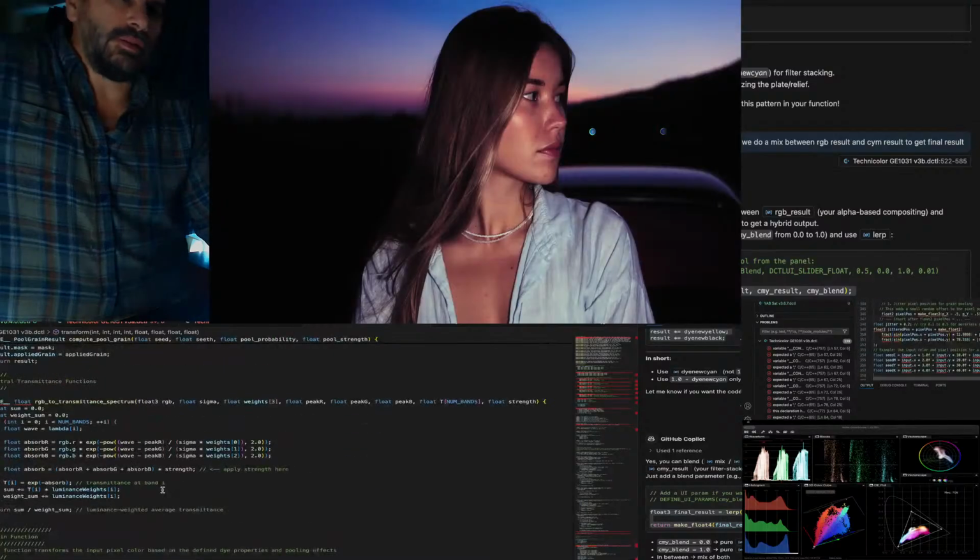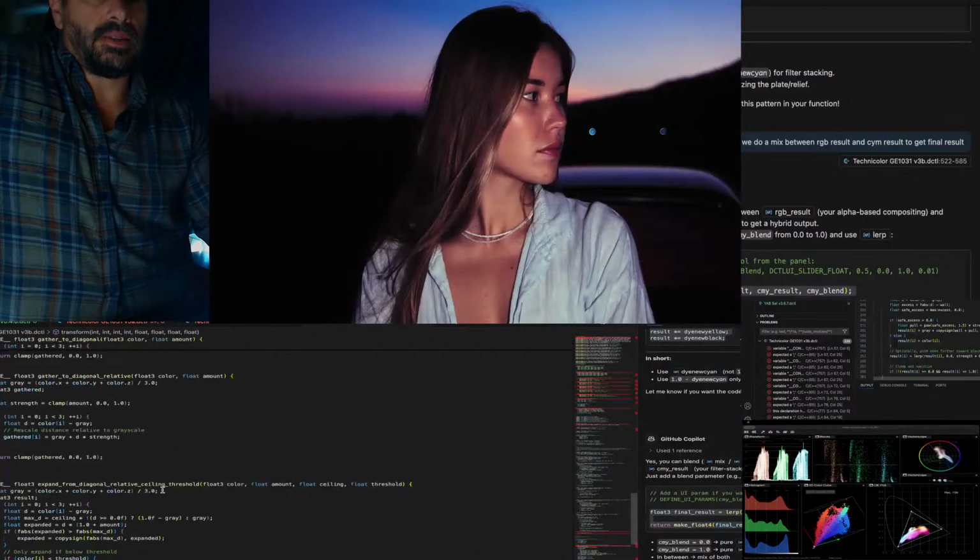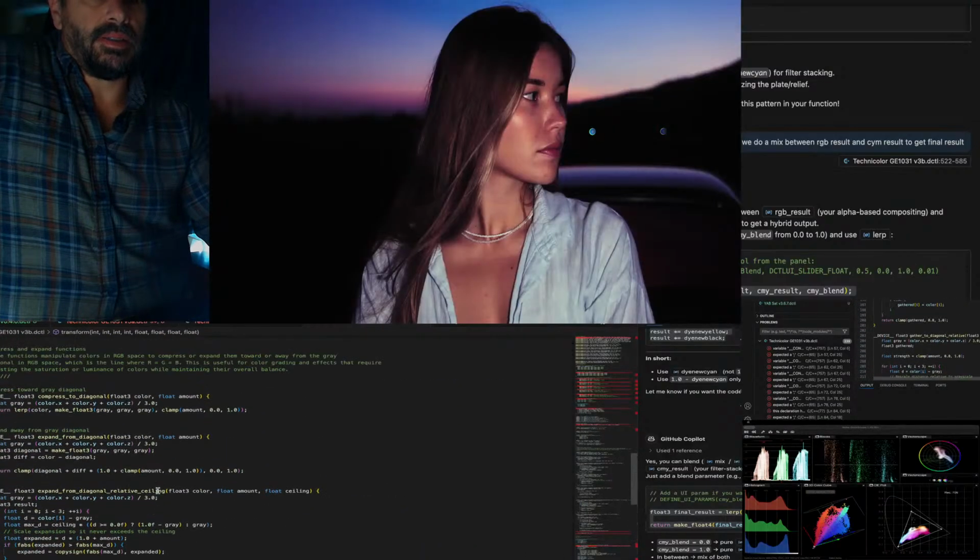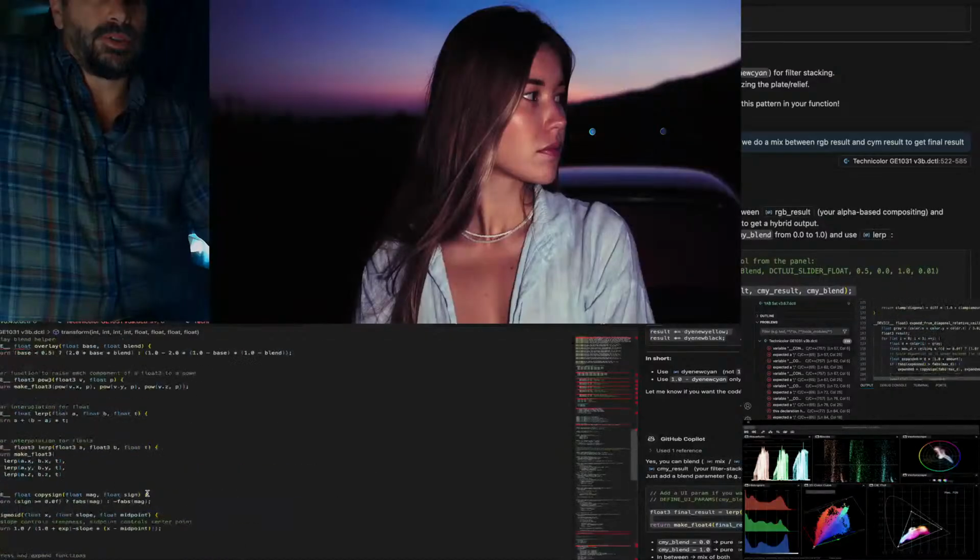Where are we? So we're working with that expand. I'm going to push.